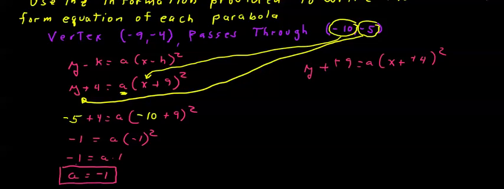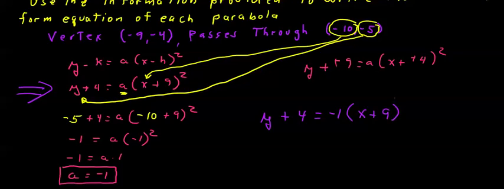Now that we know a, all we have to do is substitute that back into this equation. So I have y plus 4 equals -1 times x plus 9, quantity squared.